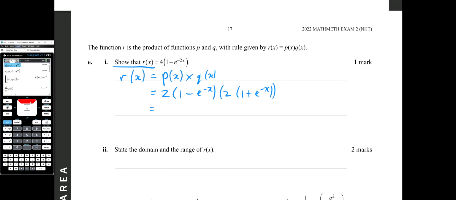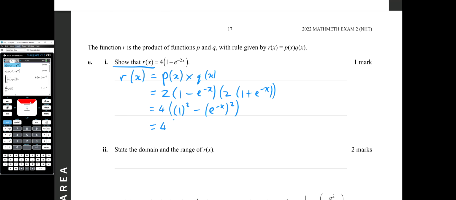First things first, the 2 and the 2 will multiply to get 4. Then we have 1 minus e to the negative x times 1 plus e to the negative x. We've got the same expression, just one minus and one plus. That's perfect for difference of 2 squares: the first squared minus the second squared. Or you can alternatively use FOIL and expand out the brackets that way.